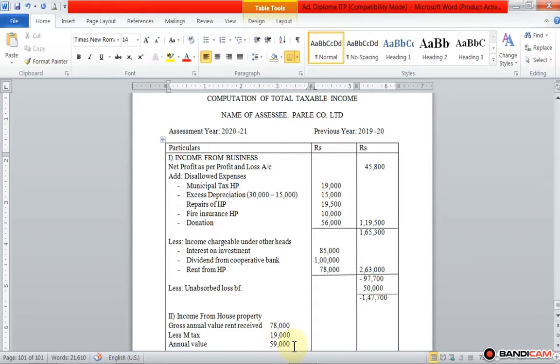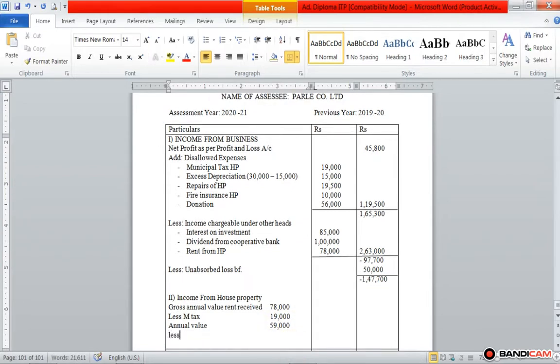Then we deduct the standard deduction. The standard deduction is 30% on annual value. So 30% on 59,000 is 17,700.